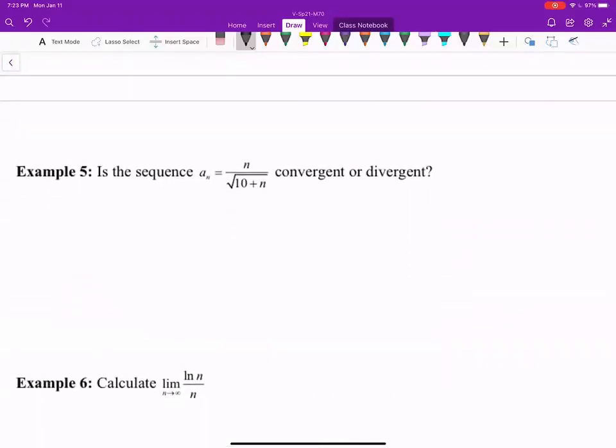Next, example 5: is the sequence an, which is n divided by square root of 10 plus n, convergent or divergent? By definition, if the limit of the nth term an exists as n approaches infinity, then the sequence an is convergent.